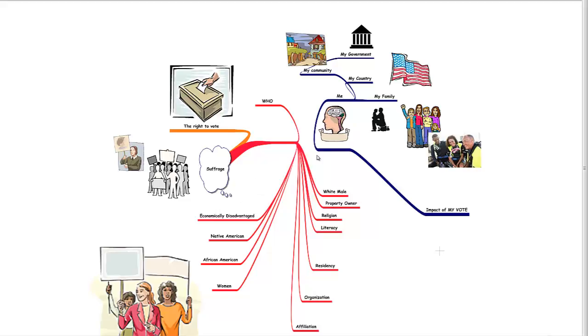And then we go to the other side where we begin to look at the individual and all of the ramifications of that individual's vote. So as we develop our ideas, you can see that it can be quite colorful and creative, and therefore a good learning experience for a student.